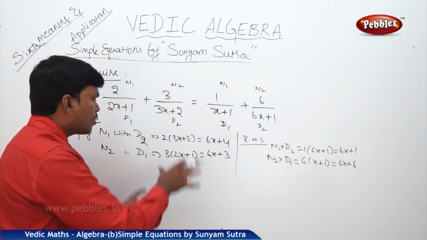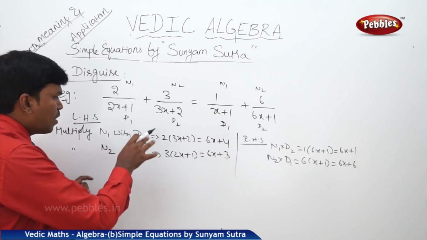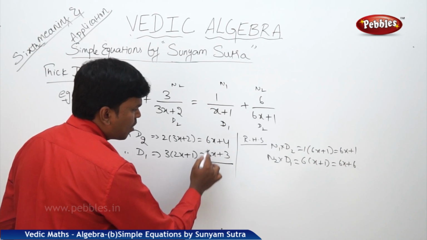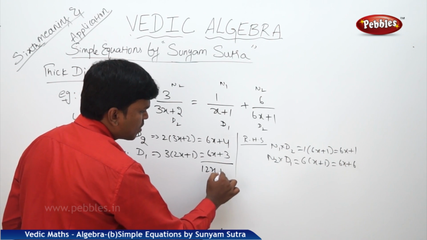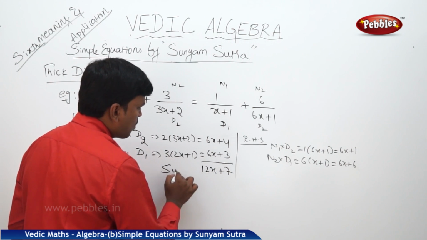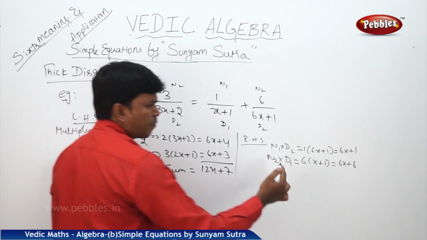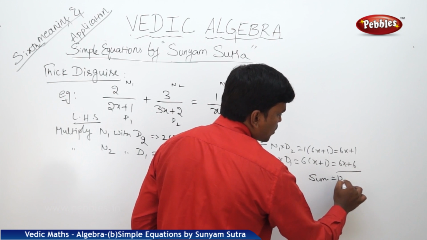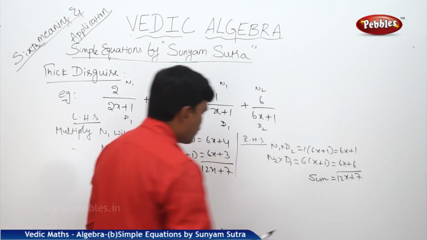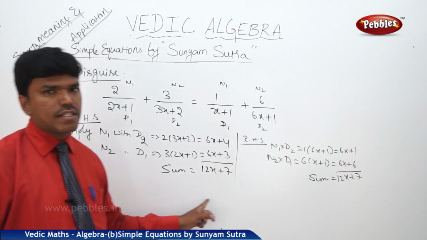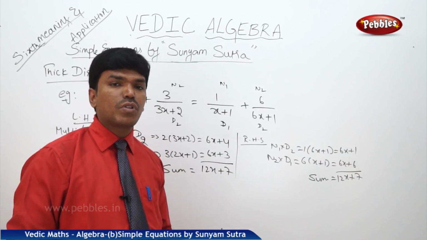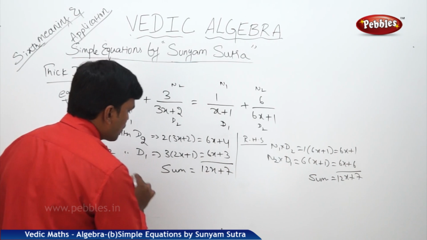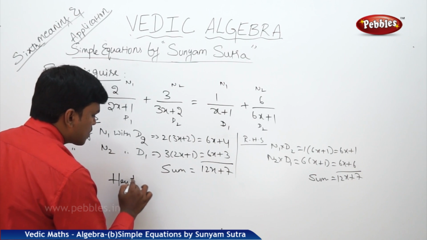So take the sum of both the products on the left hand side. How much will you get on the LHS? 12x plus 7. This is the sum on LHS. Similarly, on the RHS, the sum is 12x plus 7. If you observe, both the sums on the LHS as well as RHS are the same. If both are the same, what you need to do is simply equate that to 0.